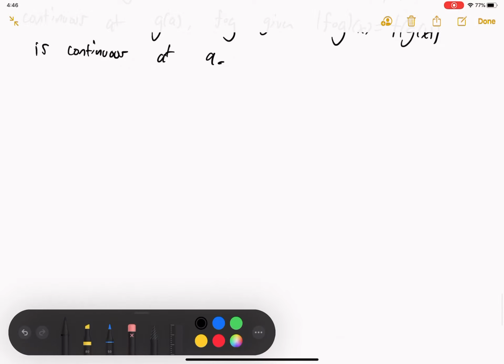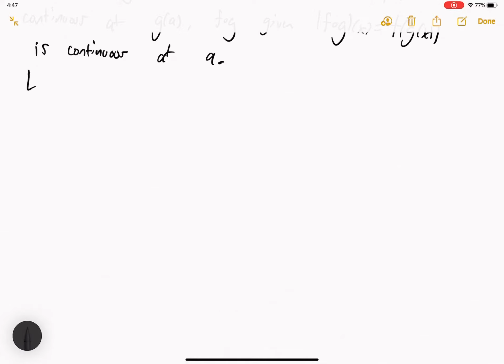Let's just take a quick example where we could verify if a function is continuous. We take f of x is equal to the sine of x squared. We say g of x is equal to x squared, and h of x is equal to sine of x.